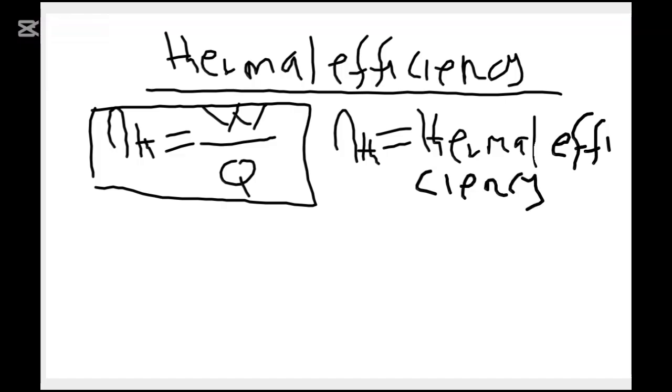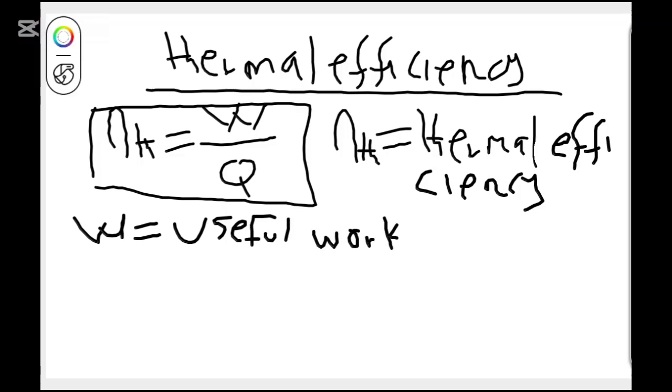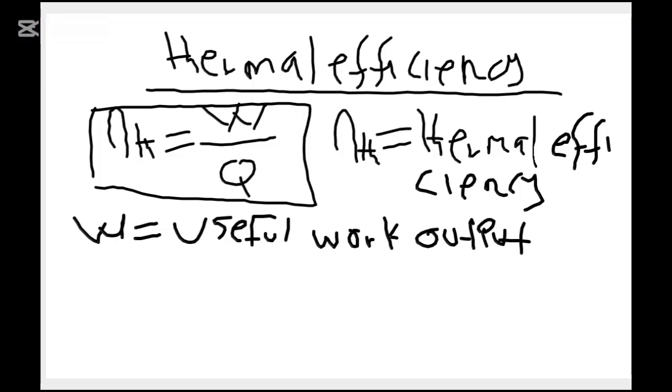And then the W stands for the useful work output. And the Q stands for the heat supplied.